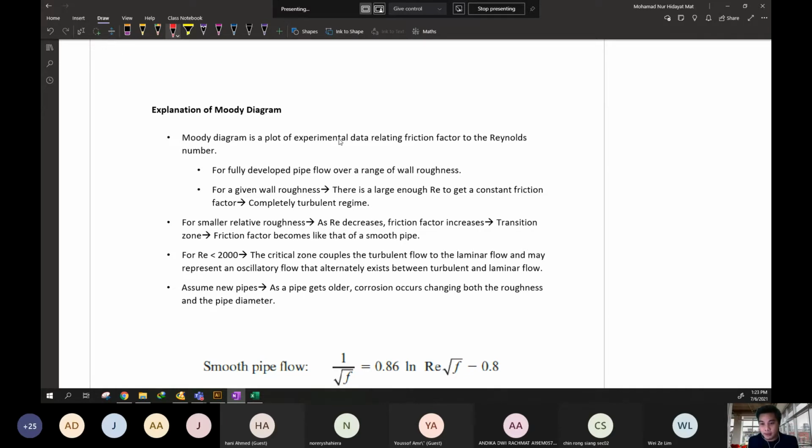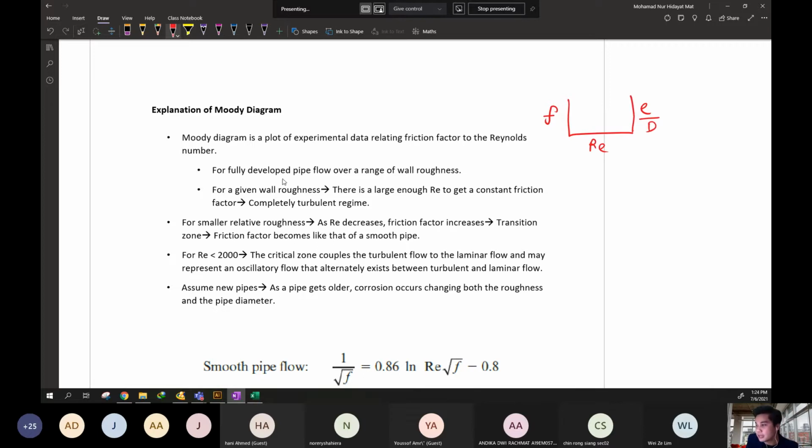Darcy-Weisbach developed an experiment to investigate the correlation of the friction factor with the density, the velocity, and all those kinds of parameters. That kind of chart we call a Moody chart. So the Moody chart is developed based on experimental data relating the friction factor and Reynolds number. This is the friction factor, the Reynolds number, and here is the relative roughness.